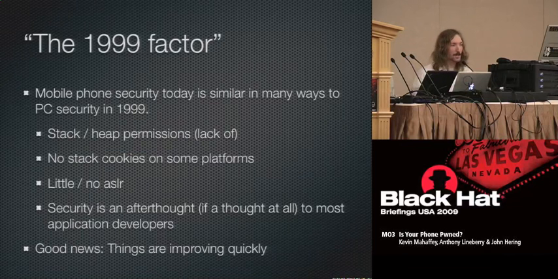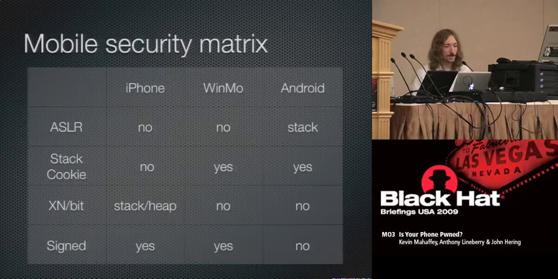Many phones right now, or the operating systems running on them, are not using heap or stack memory permissions to keep them non-executable. Stack cookies are used on only a few different platforms.